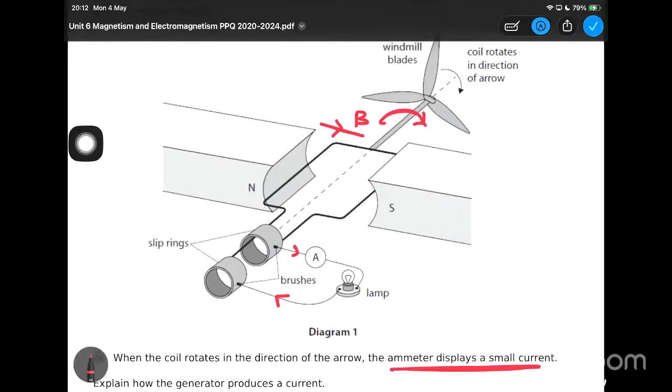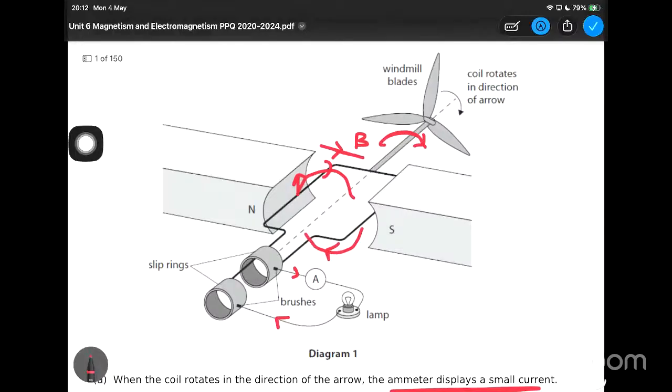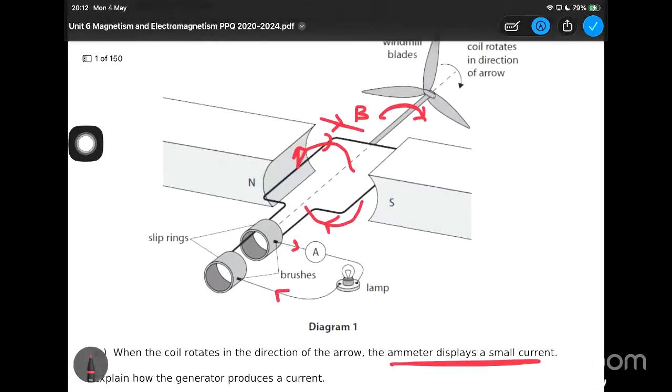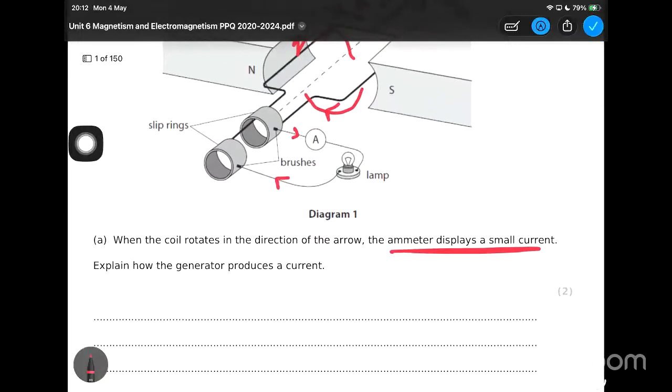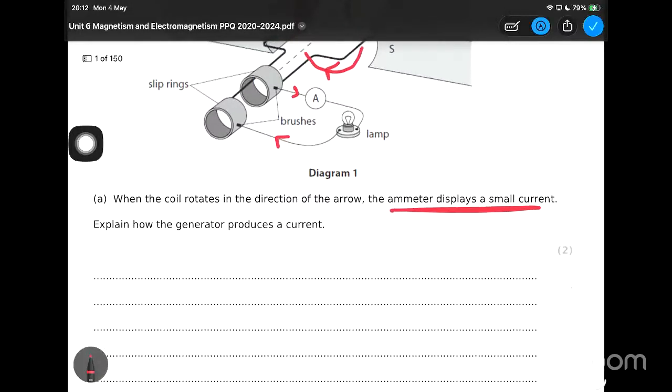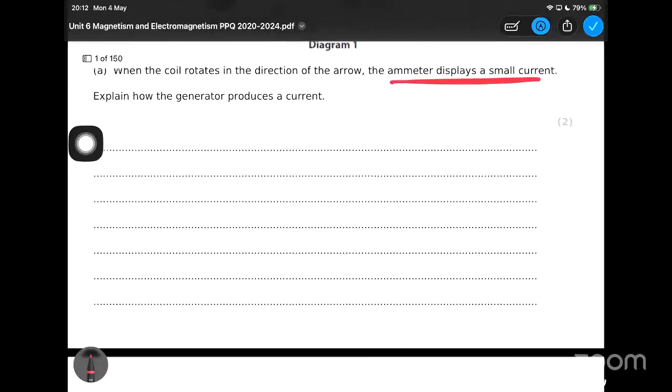That is connected to this structure here, so this will be moving like this, and this part will be rotating in this direction. When the blades rotate, this structure will also be rotating. In the meantime, the magnetic field lines will be cut, and therefore there will be an induced current, or current generation. So that is the answer, right?